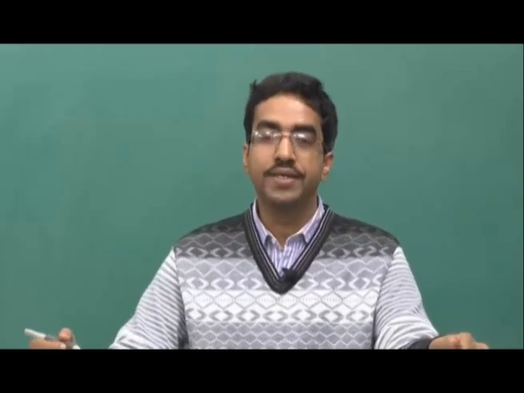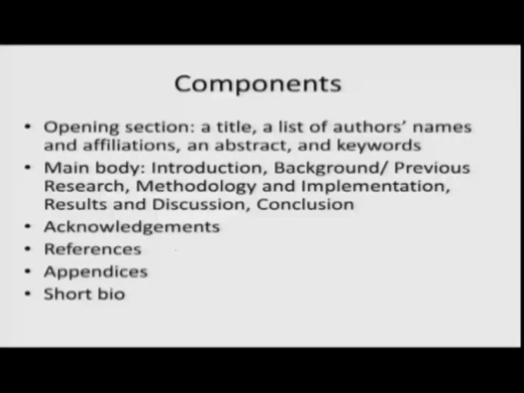Okay. So, coming to components, just like a dissertation, we can divide the components into three parts: the opening section, the main body, and then the other sections. The opening section has the following: a title, list of authors' names and affiliations, then abstract and keywords.